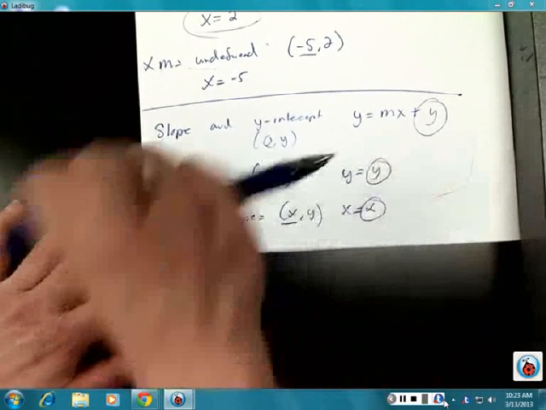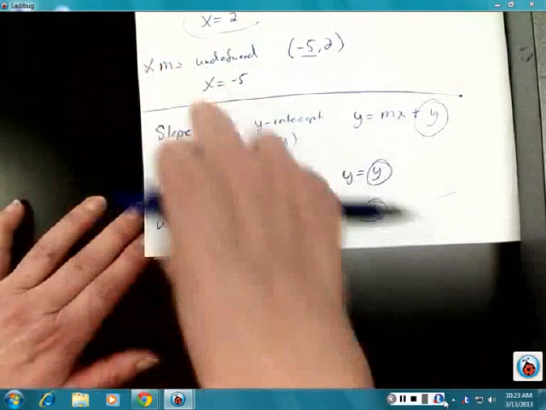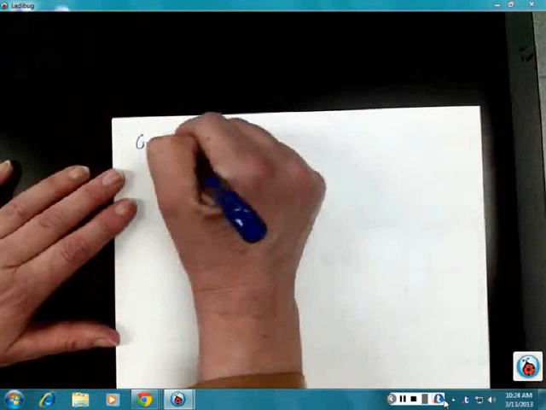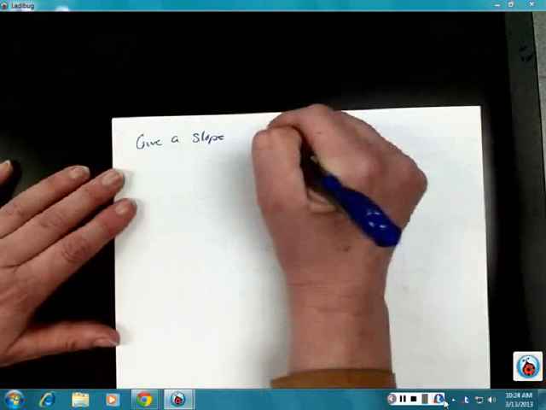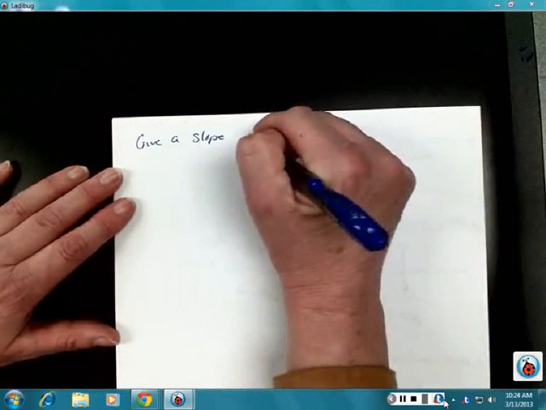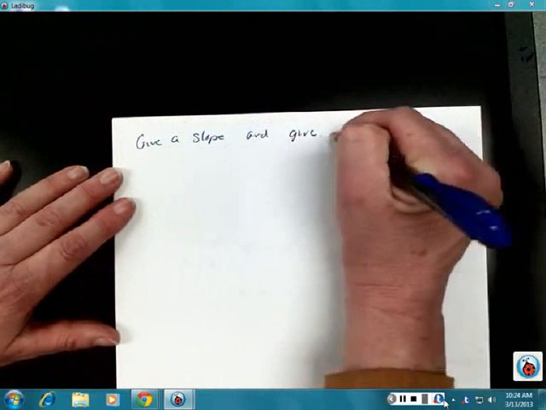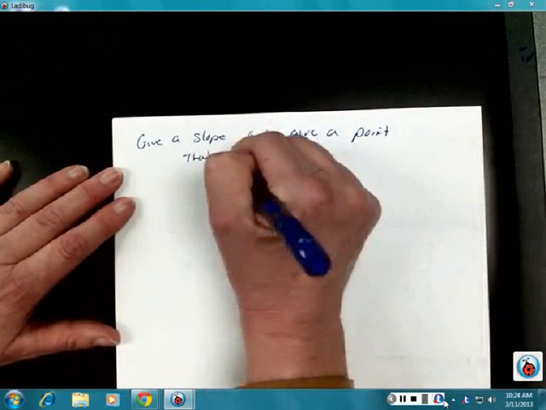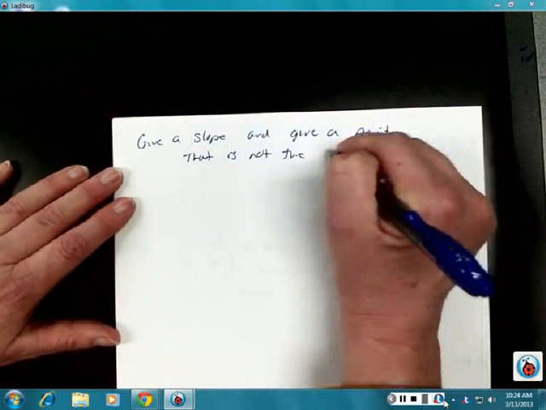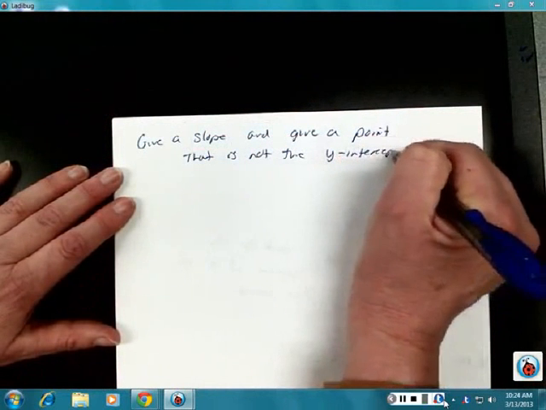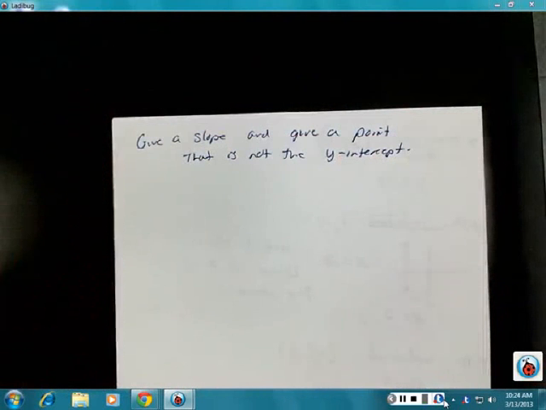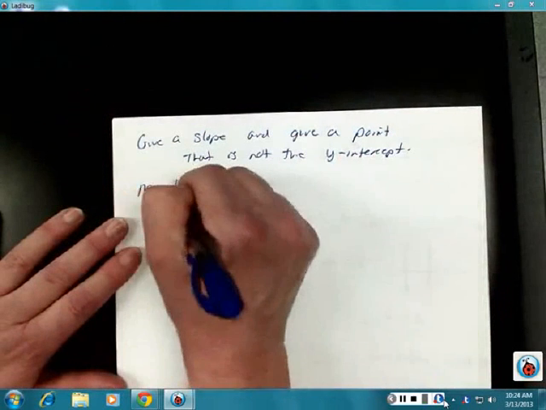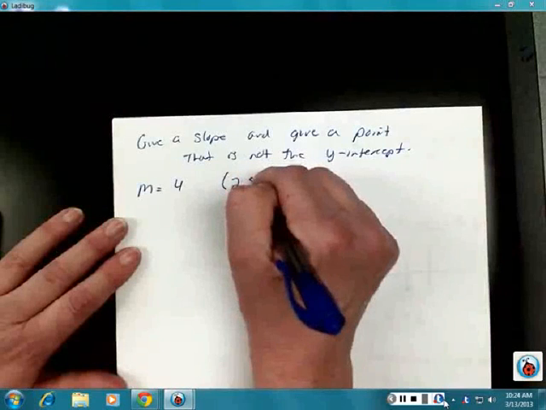Okay. Then the next piece is that they give you a slope but they only give you a point that is not the y-intercept. That might look like m equals 4 and the point is 2 comma 5.